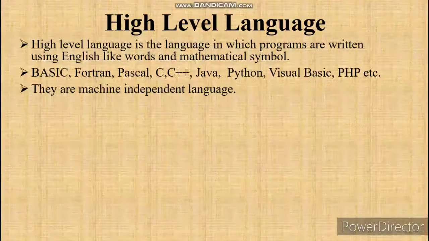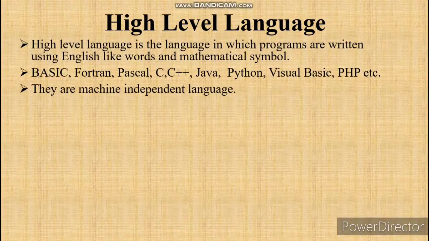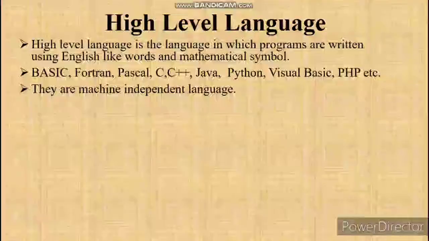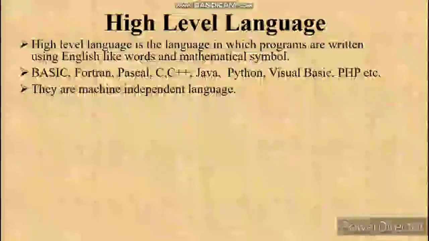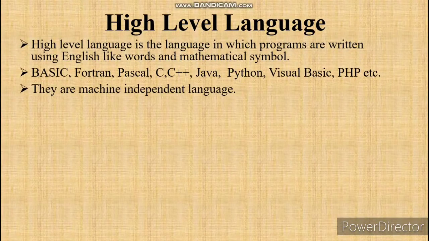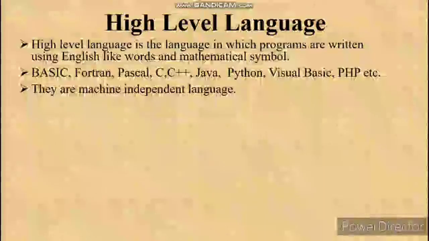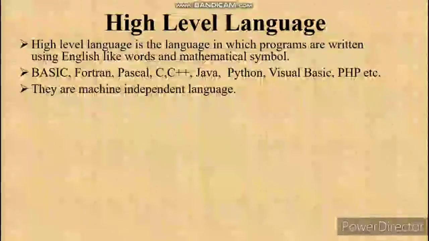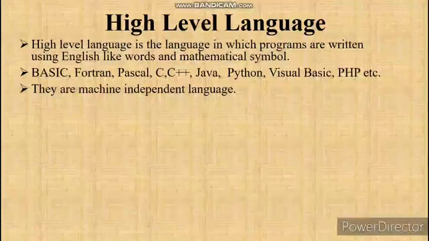Programmers do not need complete knowledge of hardware details to write a program in a high level language. It is very easy for programmers to learn and use high level language. High level language is the language in which programmers use English-like words and mathematical symbols to write a program.